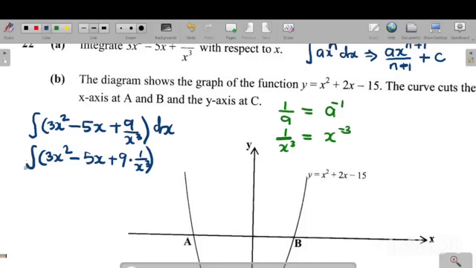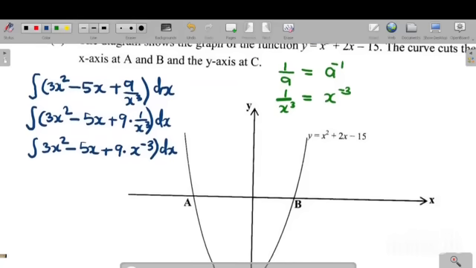All right, so we are going to have the integral of 3x squared minus 5x plus 9 times x to the power negative 3, dx. We are integrating with respect to x.